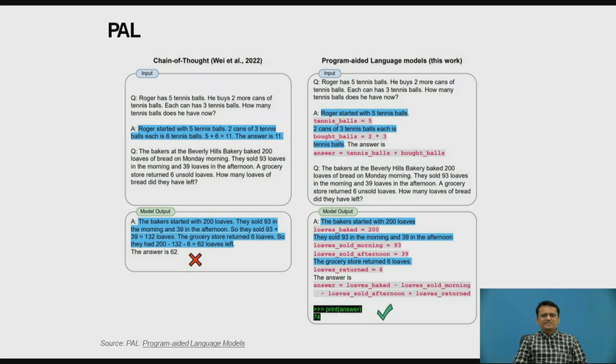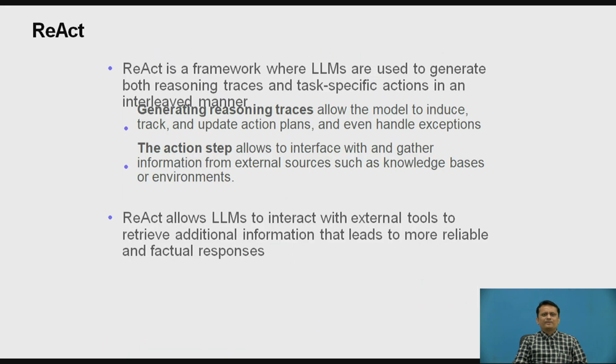This is one example of how you get different responses based on the chain of thought model for the input, and then the program aided language model is given, and you find that if you use the program aided language model, you get the correct answer.